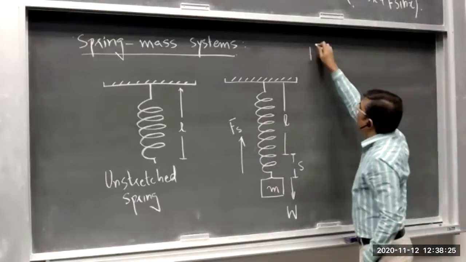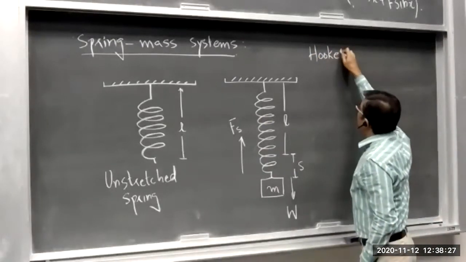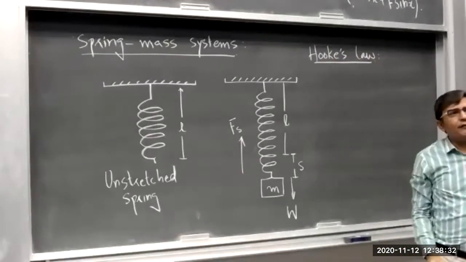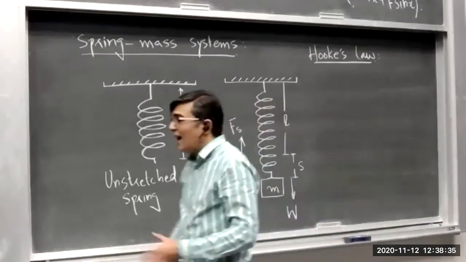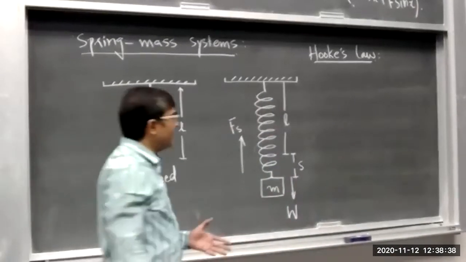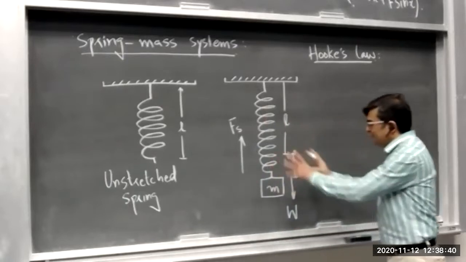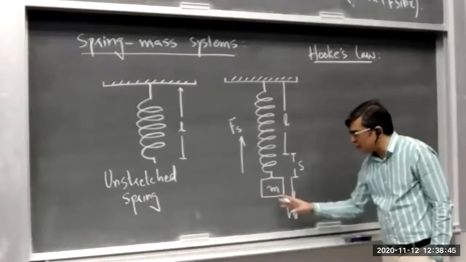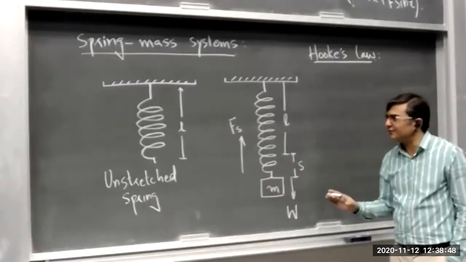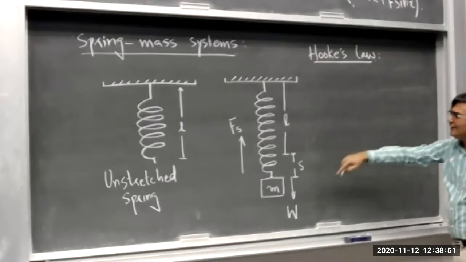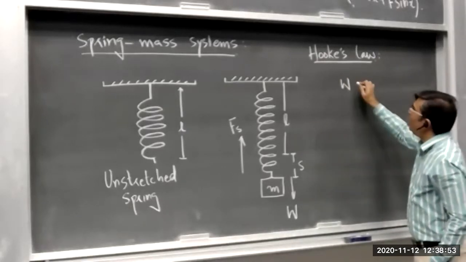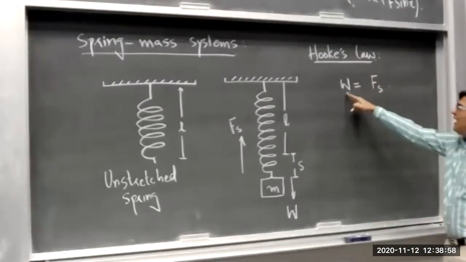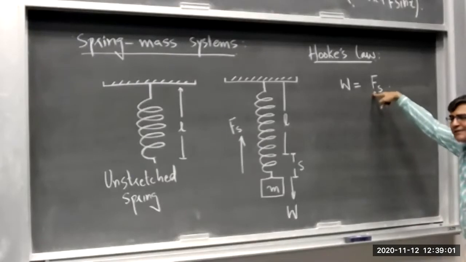Now, Hooke's law told us that in the absence of any other force acting on this system, because there may be some other forces imposed on this mass, but we are ignoring those forces, these two forces must be equal. W is equal to Fs. The weight force and the restoring force must be the same.